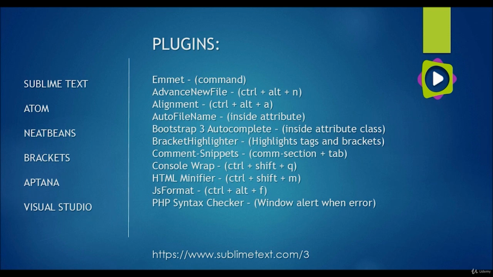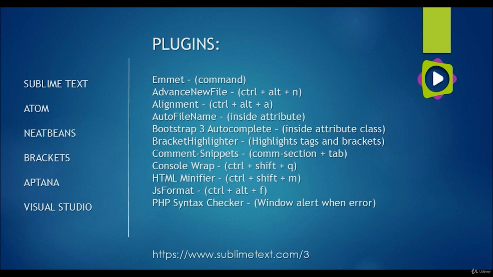Some people ask why they can't use the same functionality in the editor they're using with the same shortcut, and it doesn't work that way because every editor has its own plugins and shortcuts. So this is the reason why I'm emphatic on using Sublime Text 3, and these are the plugins we are going to install.